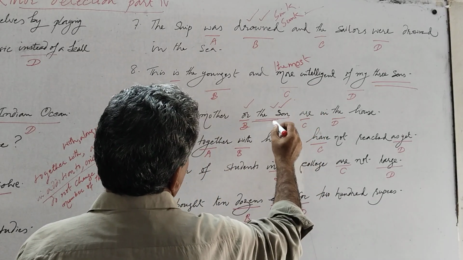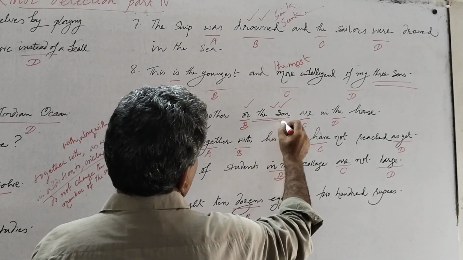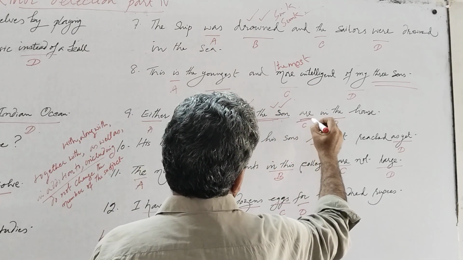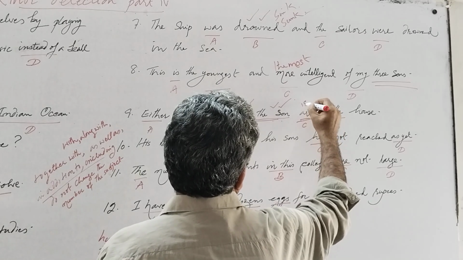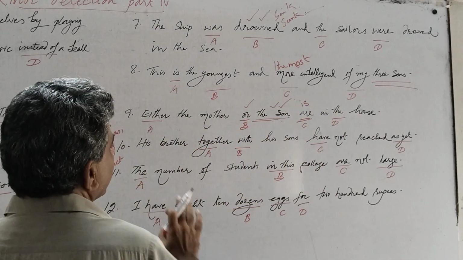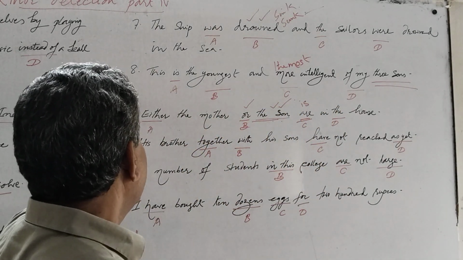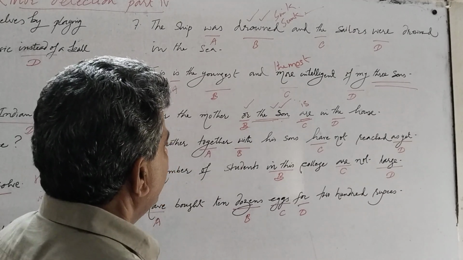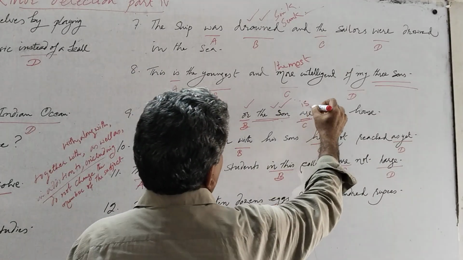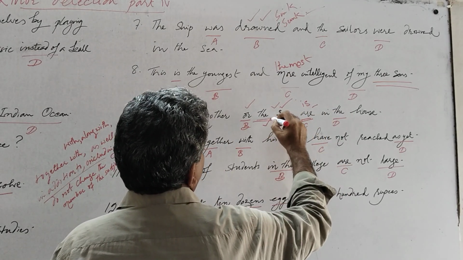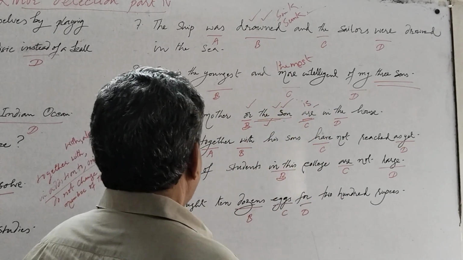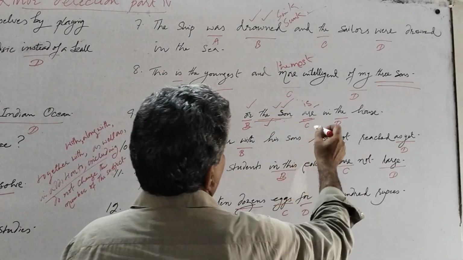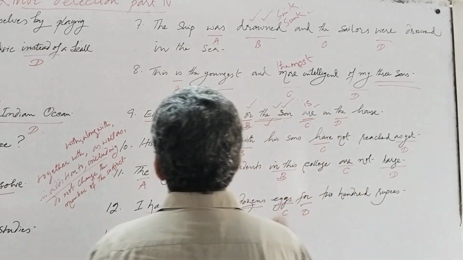So we have a singular noun here, the son. So are is incorrect here. We should write is here. Now the correct sentence would be, either the mother or the son is in the house, because we have to keep the verb according to this noun here. And the error is at option C.